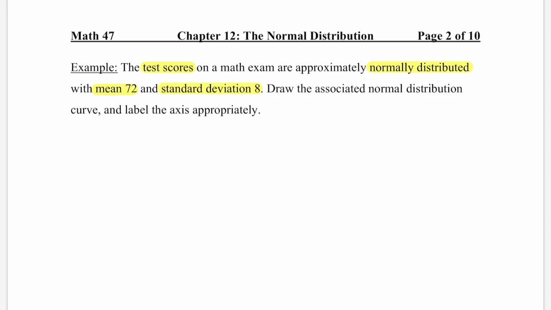They want me to draw the associated normal distribution curve. A normal distribution curve looks like a bell. The mean is at the peak. So 72 is right here.